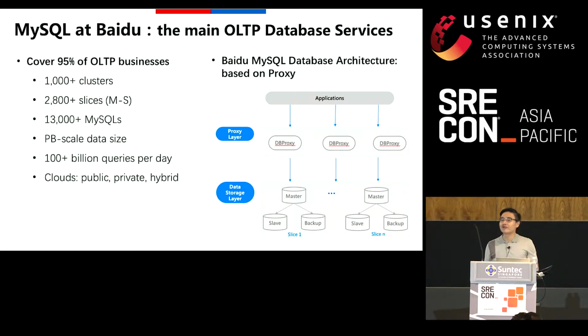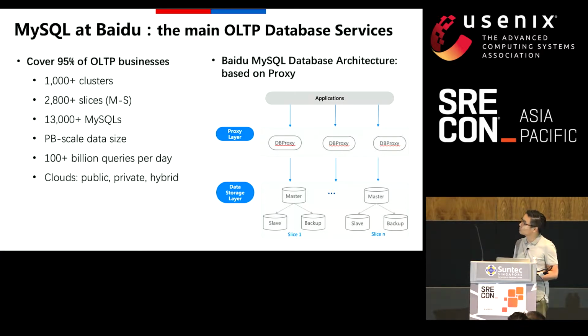MySQL is one of the most popular open source relational databases in the world. In Baidu, over 95% of online transaction processing business uses MySQL, such as search engine, advertisement, financial, and so on.